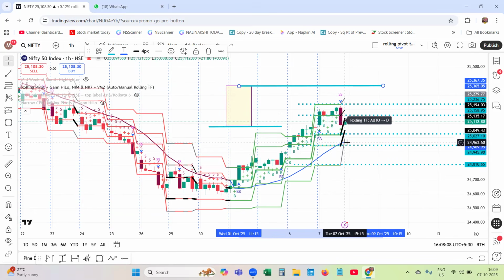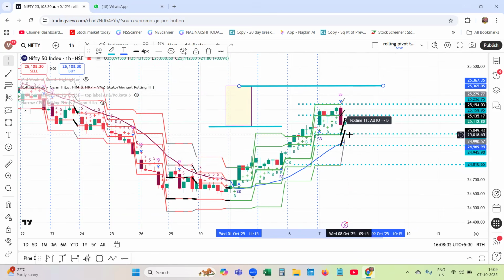So only if it starts trading below 24,955, then you can anticipate a strong reversal to this level. You can anticipate 24,793. So tomorrow you can closely watch this level. Most probably the market may play within this range.